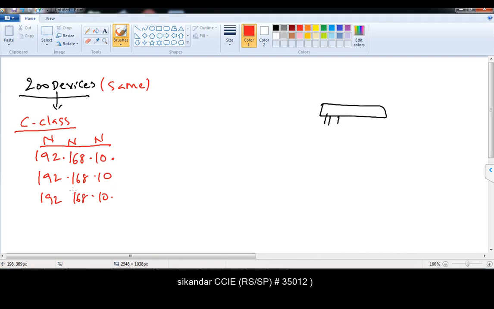I should not change it. If we change any of these three numbers, it becomes a different network, which I really don't want, because as per my requirement, I want them to be in the same network. So probably I can play with the last portion, that is the host portion.